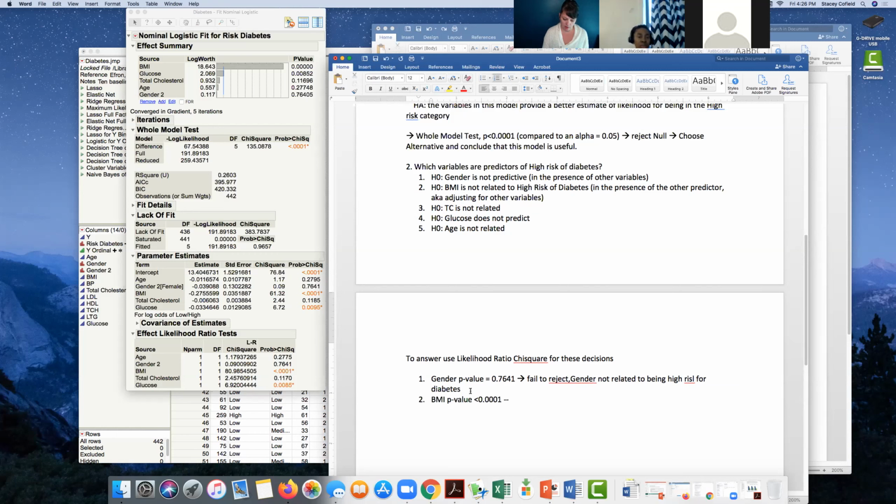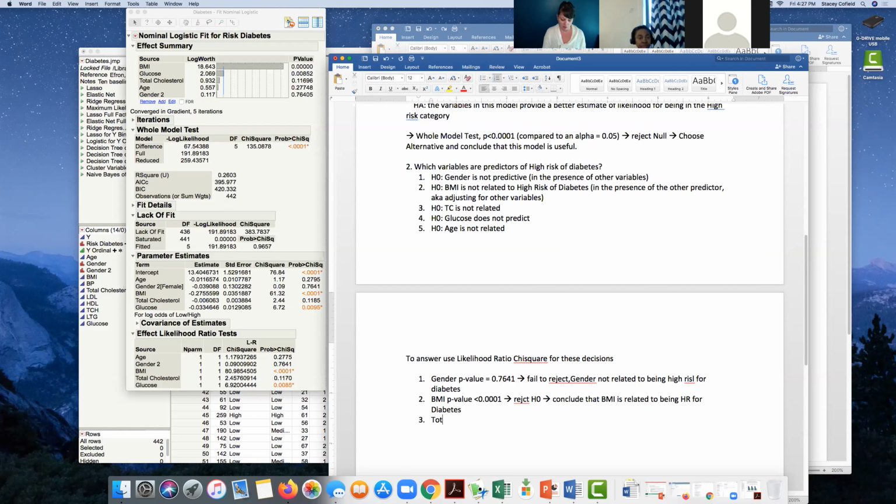So we will reject the null hypothesis. Yep. And we will conclude that BMI is related to being high risk for diabetes. We're going to leave it at that for now because we're just going to answer the rest of these.